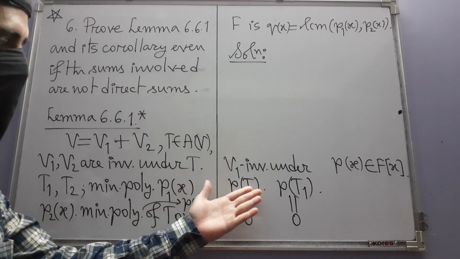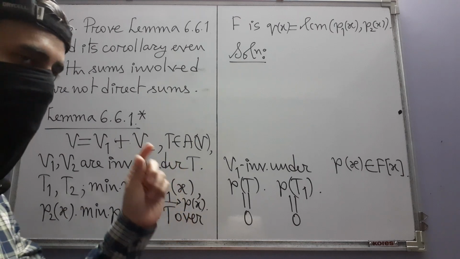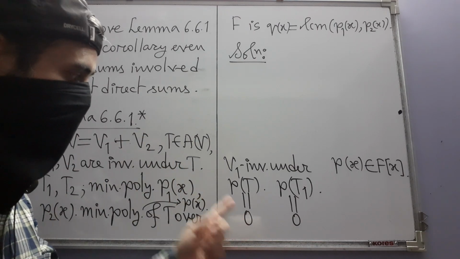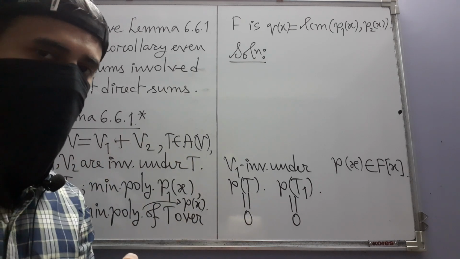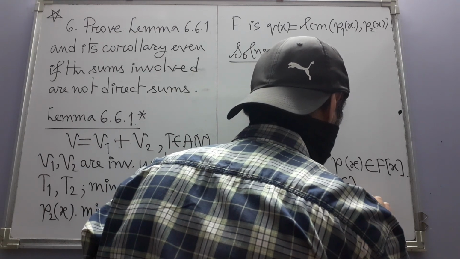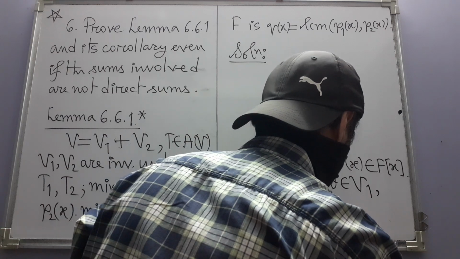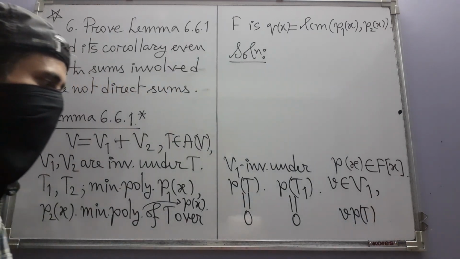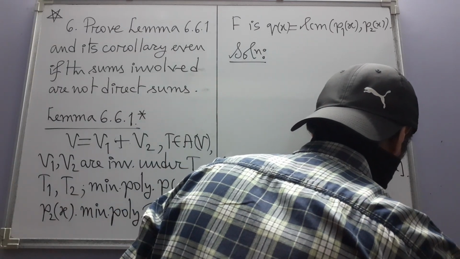Because applying the operator P of T on any vector coming from V gives us the zero vector. That is why it's the zero operator. In particular, if that vector comes from V1, also we are going to get 0. In other words, if you take a v in V1 and apply P of T on v, because of this, you get the 0 vector in V.